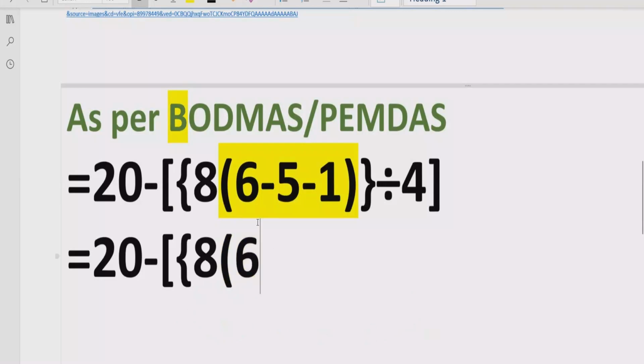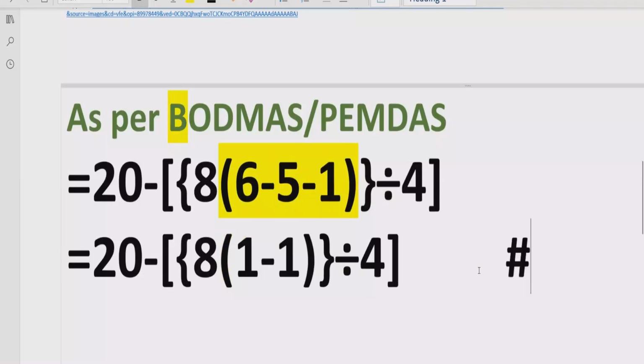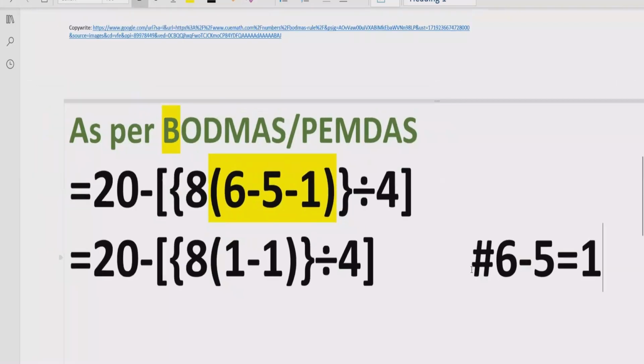First we have to solve this 6 minus 5, which equals 1, minus 1, and this part we will write as it is, and 4. Now we give the reference: 6 minus 5 equals 1.